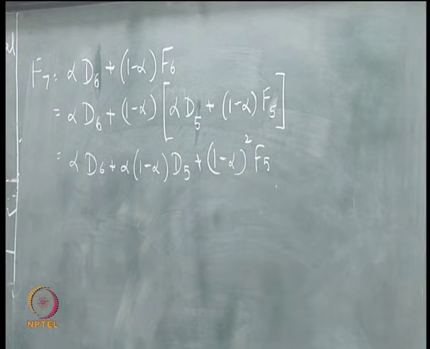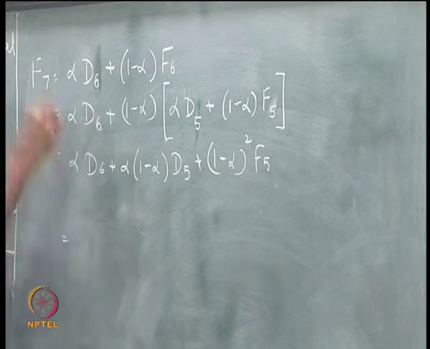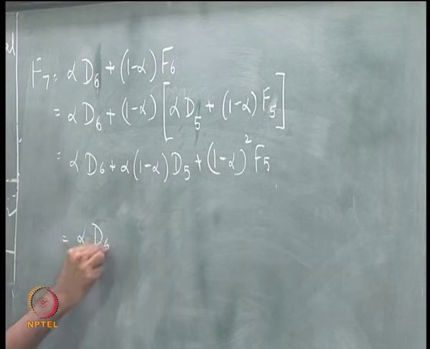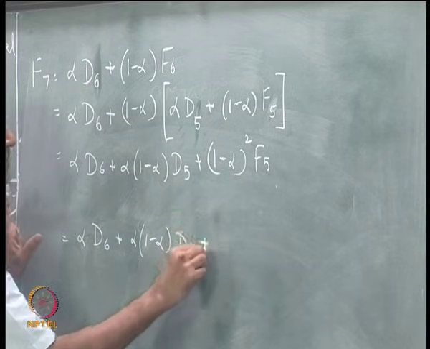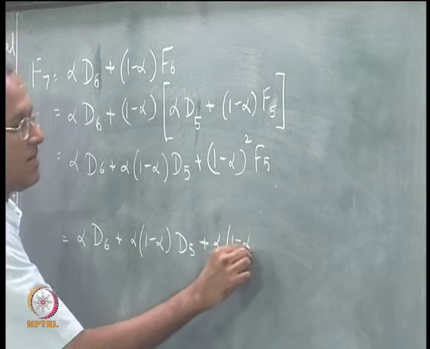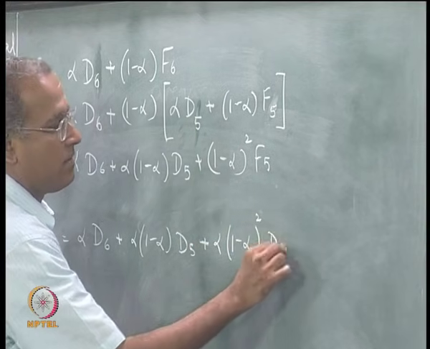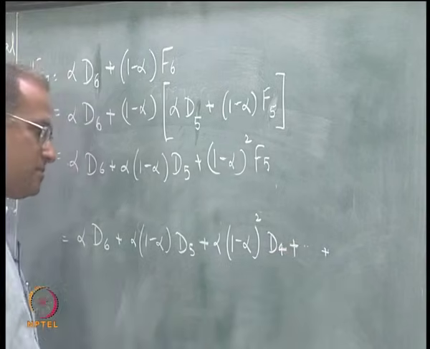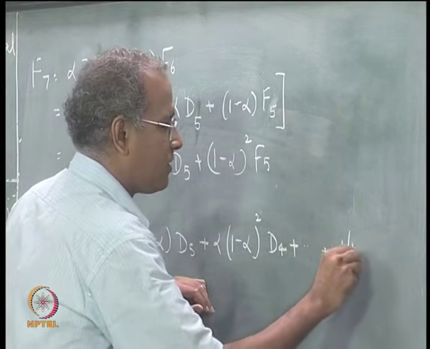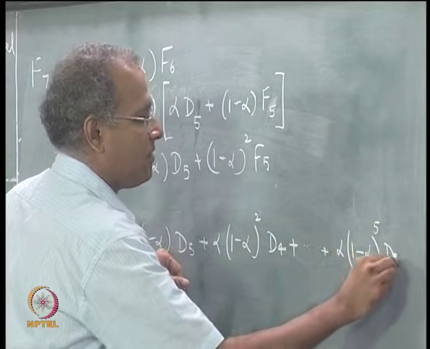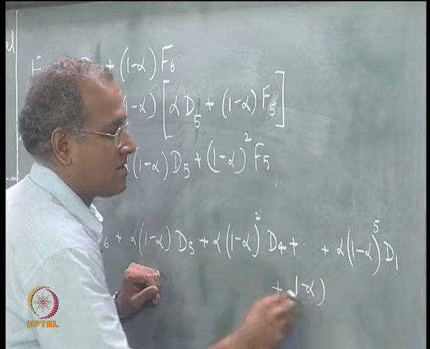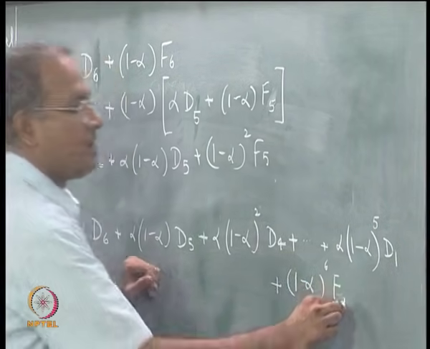Now F5 can be written as alpha D4 plus 1 minus alpha F4, and if we continue to do this, we will get alpha D6 plus alpha into 1 minus alpha D5 plus alpha into 1 minus alpha square D4 plus etc., plus alpha into 1 minus alpha to the power 5 D1 plus 1 minus alpha to the power 6 F1.